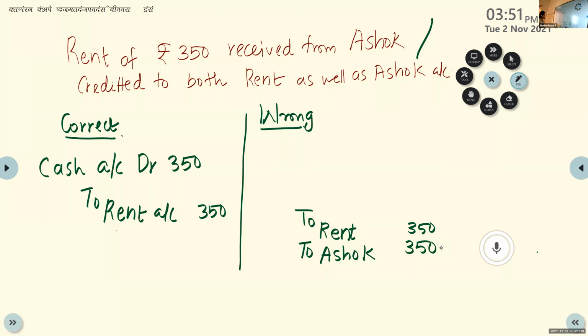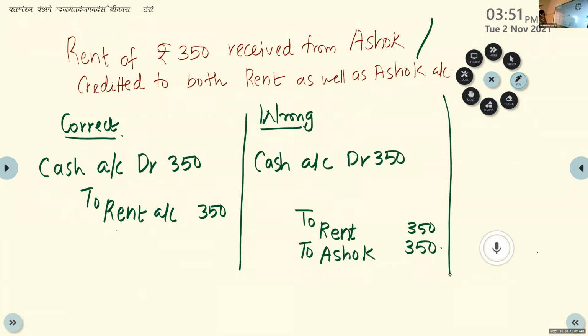Cash account is correctly debited with 350. Cash account is correct. And what is wrong? Already rent account is credited and unnecessarily they have credited Ashok account also.